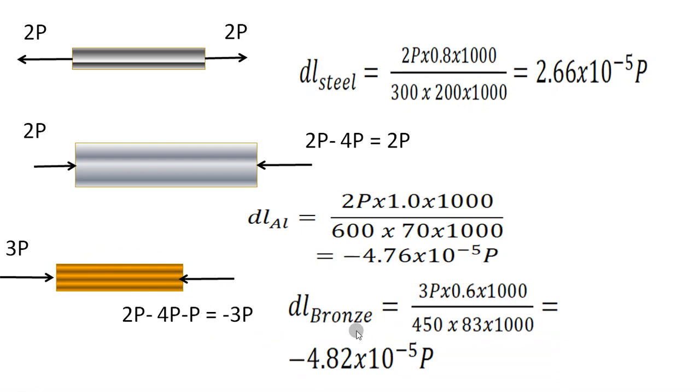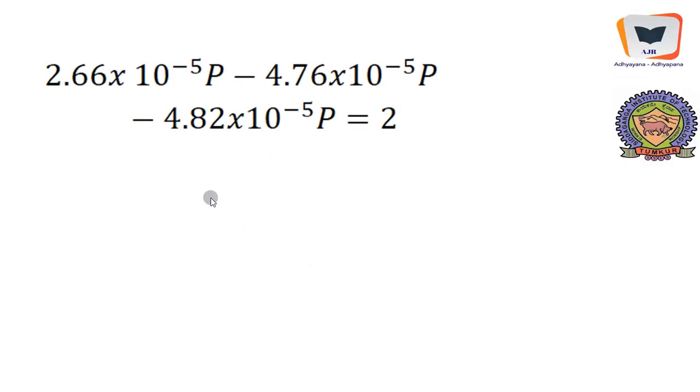Therefore the change in length in bronze happens to be minus 4.82 into 10 to the power of minus 5 P, and we will add them together. This is the elongation of the first piece, an increase in length, and these are compressions, decreases in length.